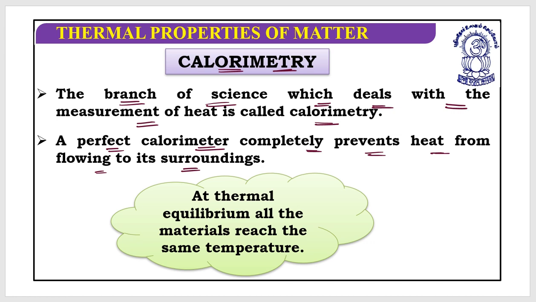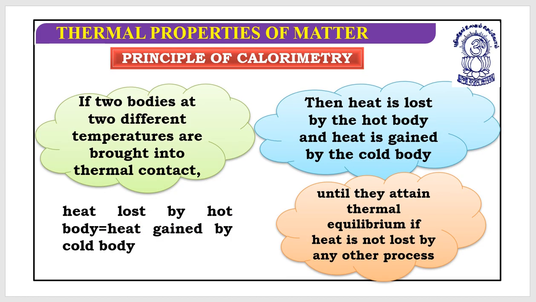Is it clear? Great. And we understood that at thermal equilibrium, all the materials are going to reach the same temperature. I hope this is clear. So, how does calorimetry work? Let's look at the principle of calorimetry.